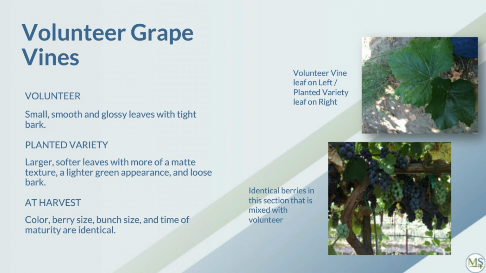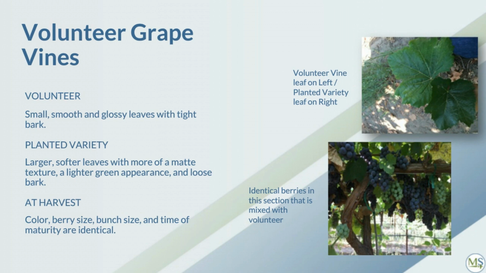The trouble is that the undesired variety from the rootstock and the desired variety from the grafted variety look almost identical. The leaves look very similar, the grapes look very similar. So it's pretty labor intensive to walk row by row to visually identify the good variety versus the bad variety and to cut out the bad variety.